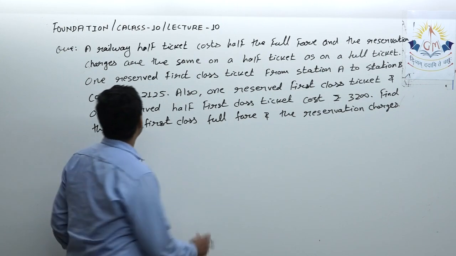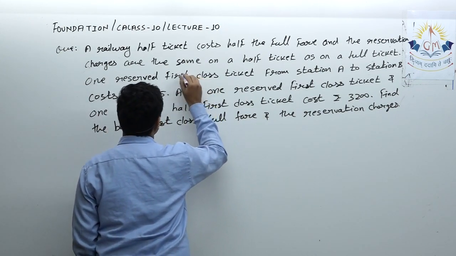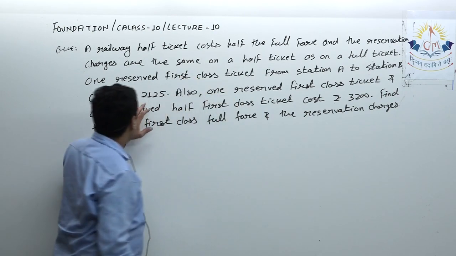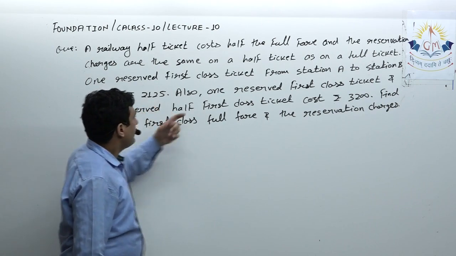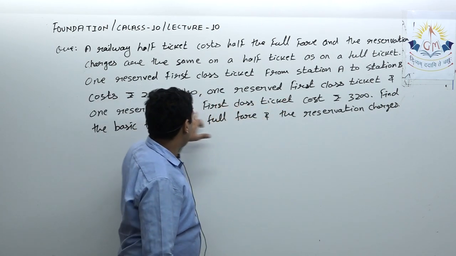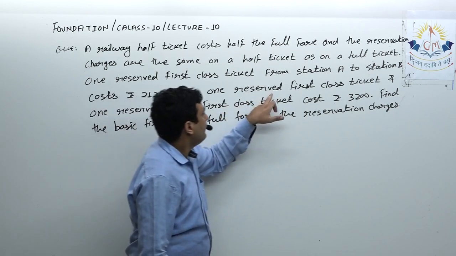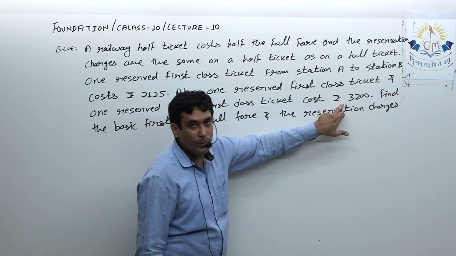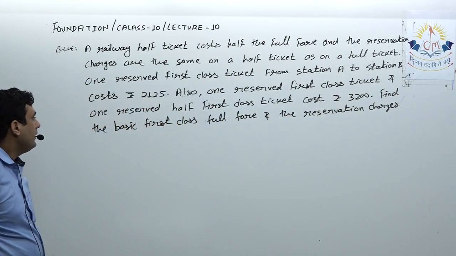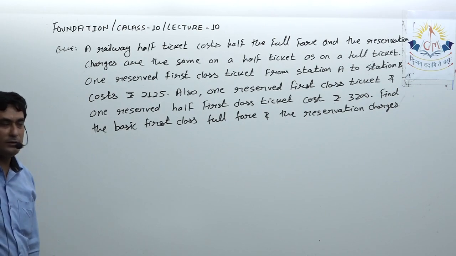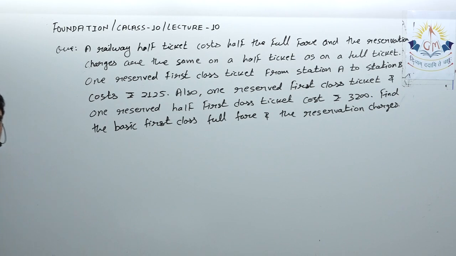So if a person makes one reserved first class ticket, he has to pay rupees 2125, and if someone makes one full ticket and one reserved half ticket, he has to pay rupees 3200. We have to find the basic charges and the reservation charges. So think for a while, then I will give you its solution.